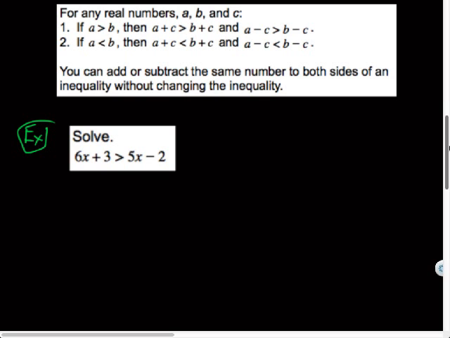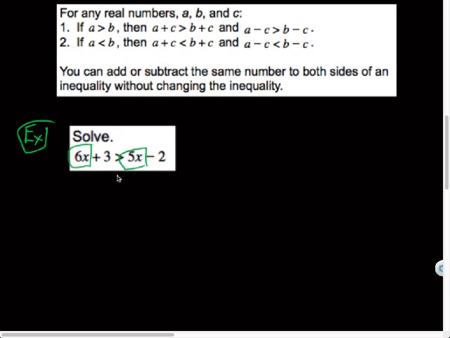Now, for all intents and purposes, let's more or less pretend this is an equal sign here. What would you do to both sides if we were just solving an equation? I'd subtract 3. No, actually, I'd add 2. Technically, you're not wrong for wanting to move these around, but I'd actually recommend dealing with the x's first, because I don't know which side I want the 3 over here, or the 2 over here.